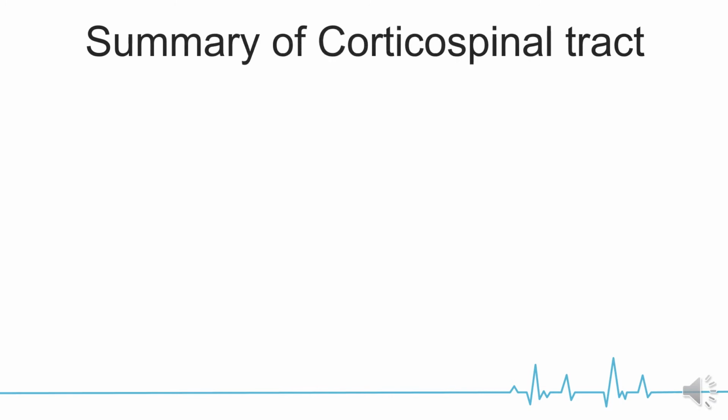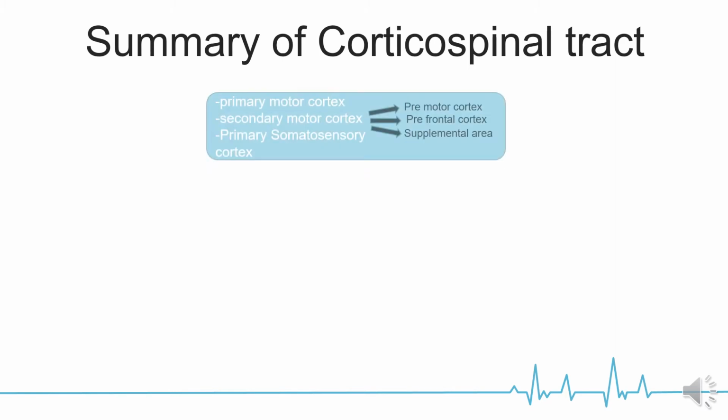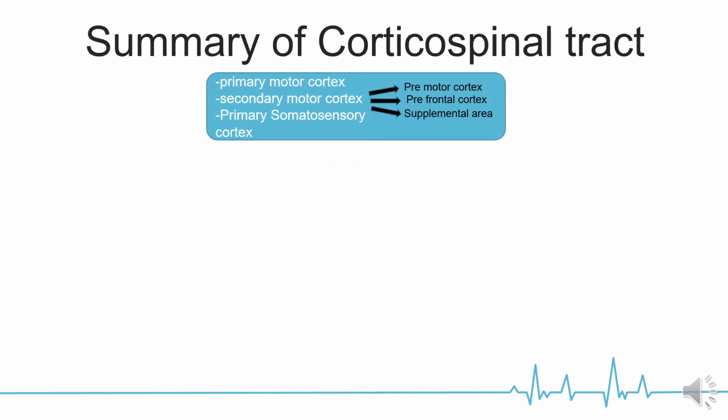So we have the summary. In the summary, I'm going to summarize the tract so it will become more understandable. Starting from the inputs we get from the premotor cortex, prefrontal cortex and supplemental area, down to the corona radiata.